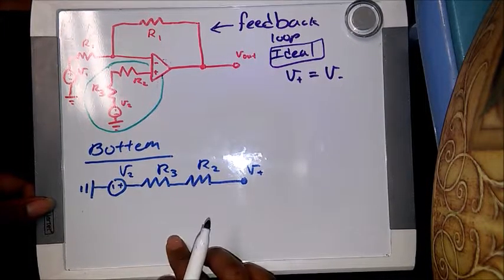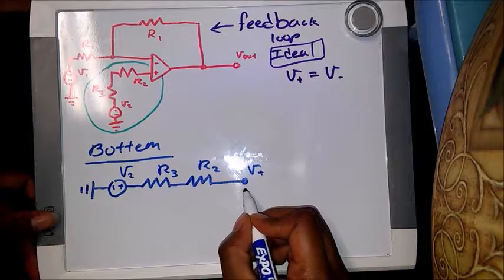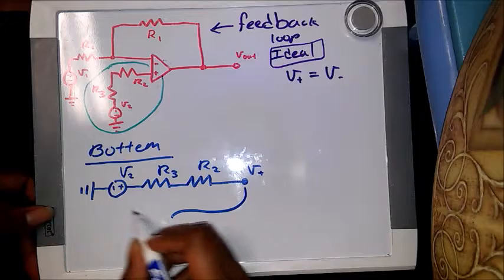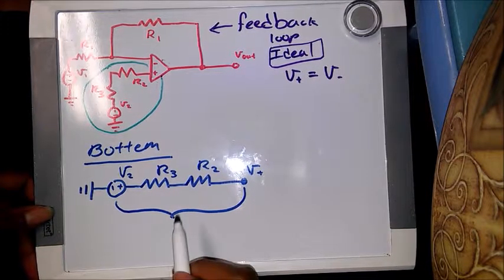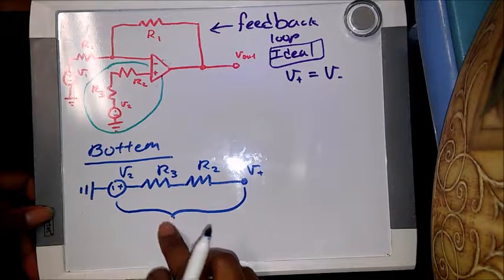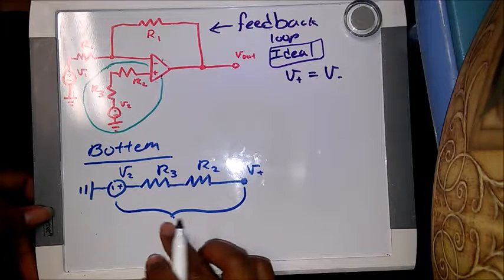The way we're going to handle this is we're just going to do it from node to node. So we're going to go from V plus and from V2. I'm ignoring ground because it goes from 0 and then it changes to V2 and it doesn't really matter.